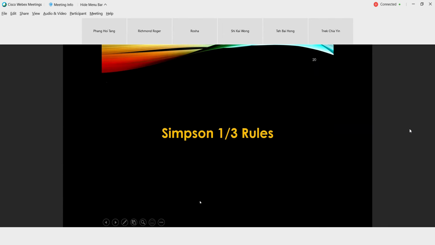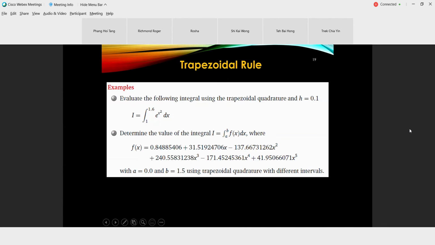Arif, can you tell me what is the meaning of the h? Step size. Okay. Then this is a trapezoidal rule. Can you give me what is the function of x for this example?